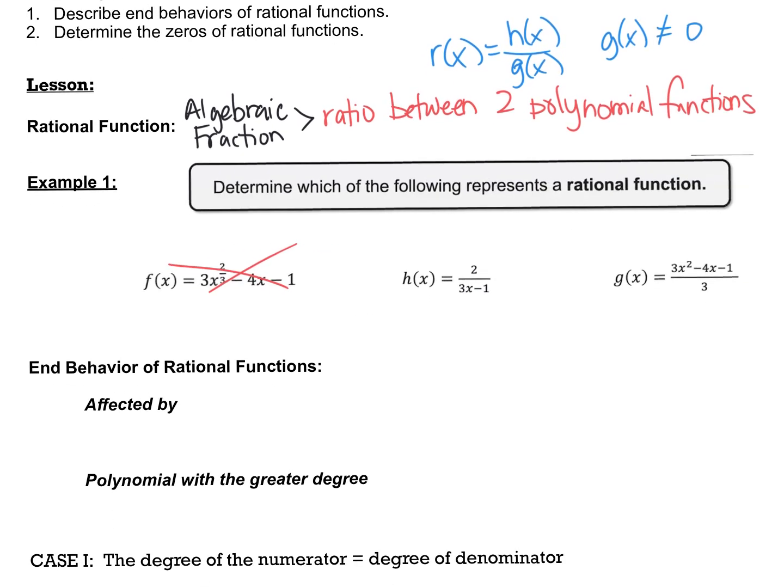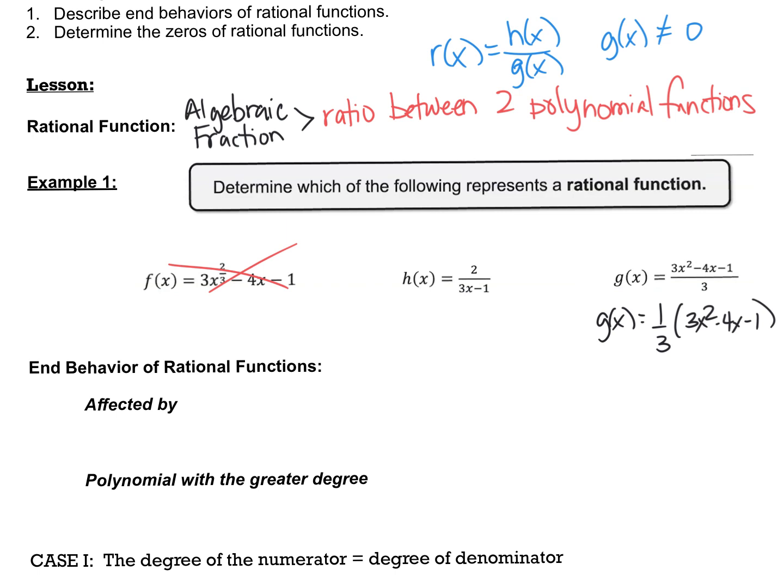All right, it does have a polynomial function in the numerator, and it does have a polynomial function in the denominator, okay? But let me ask you a question. Could I rewrite g of x like this? Is that the same thing? Yeah, okay.